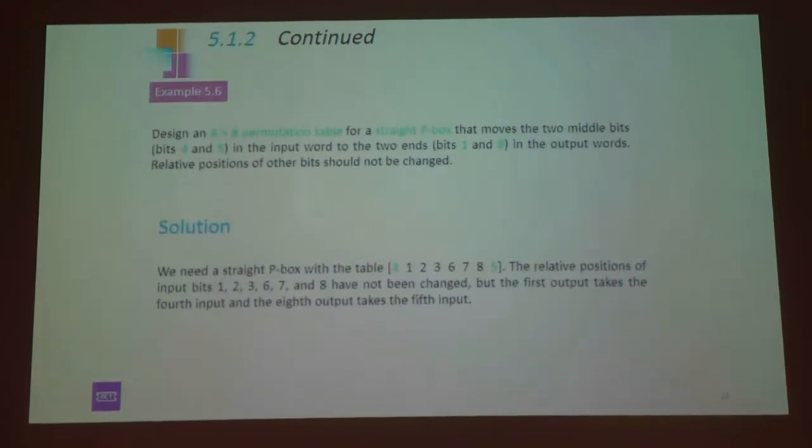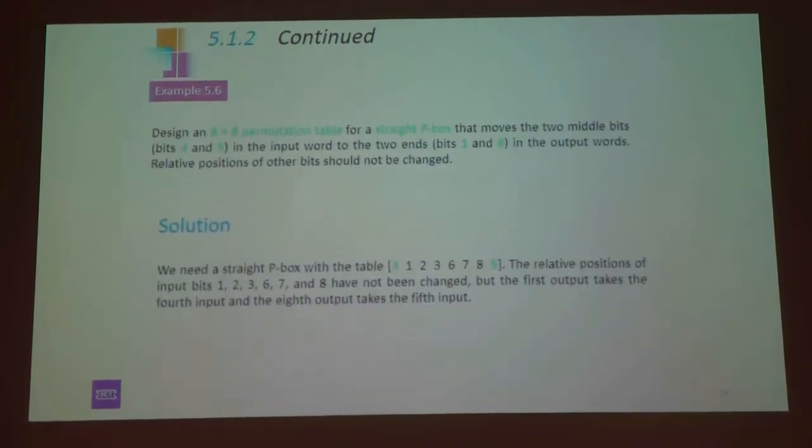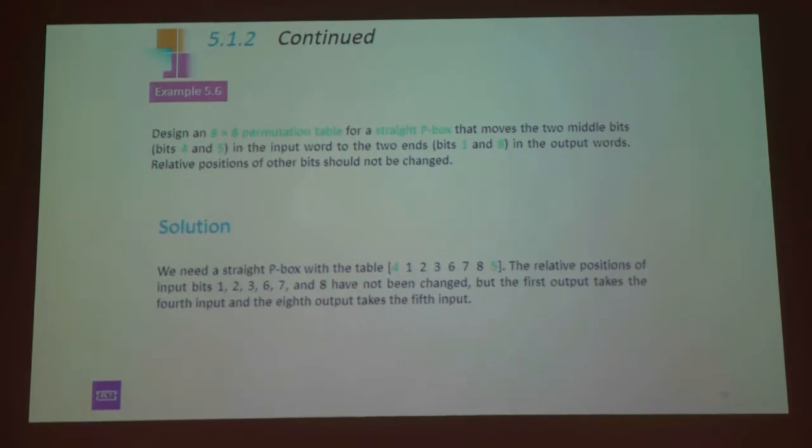Alright. So it says in here, design an 8 by 8 permutation table for a straight P box that moves the 2 middle bits, which are bits 4 and 5 in the input word, to the 2 ends. What are the 2 ends? 1 and 8.